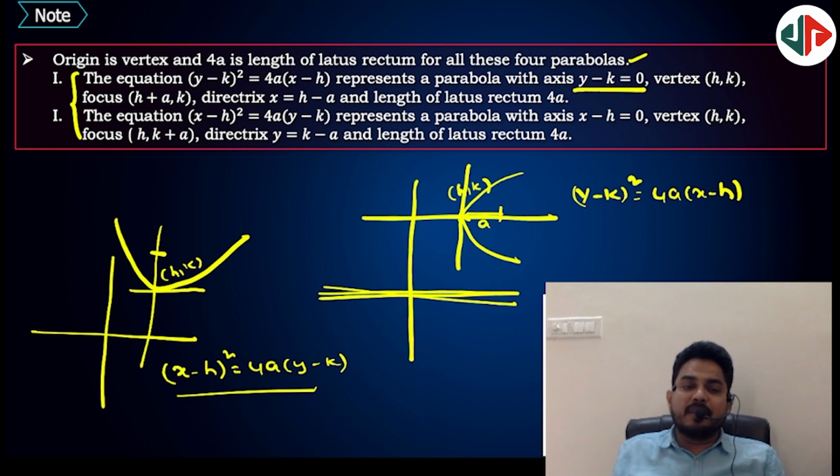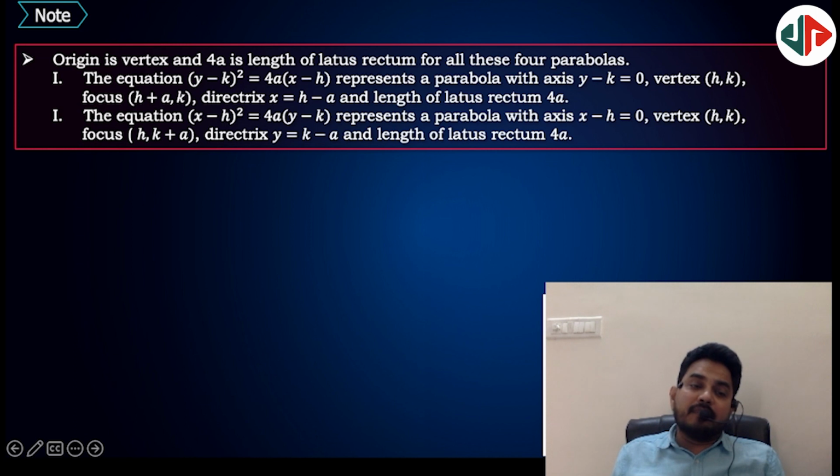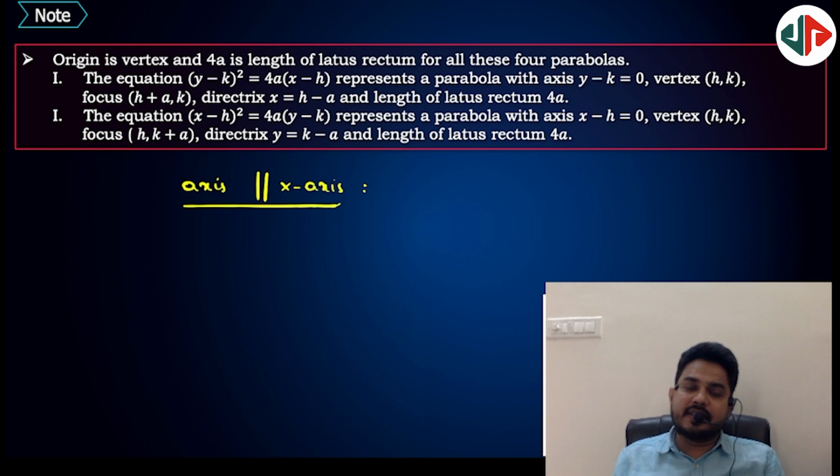So all the measurements accordingly change: the directrix will come here, the tangent at the latus rectum will come here, and everything changes accordingly. Another important point is if the parabola's axis is parallel to the x-axis, the parabola is going to be in the form x is equal to ay square plus by plus c.